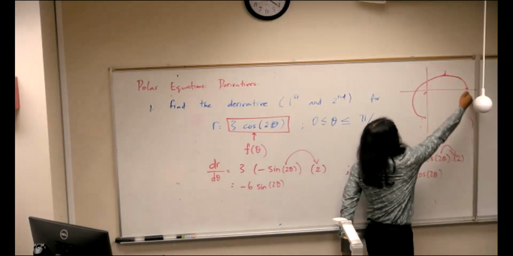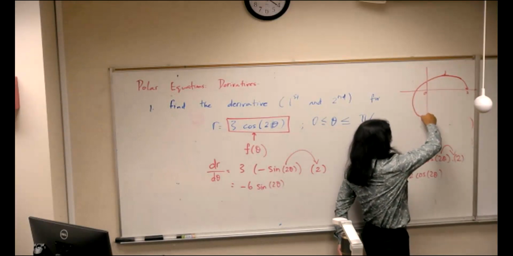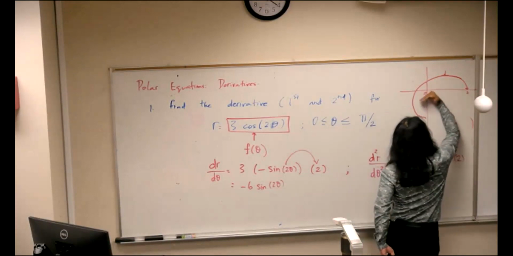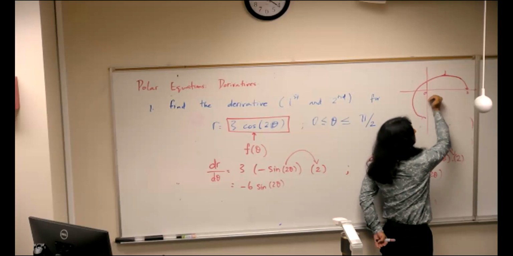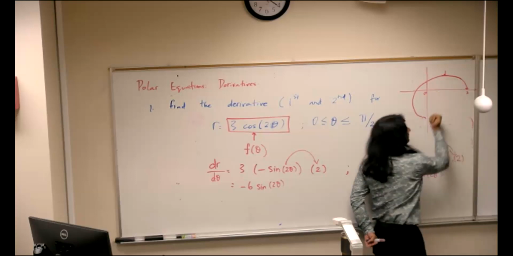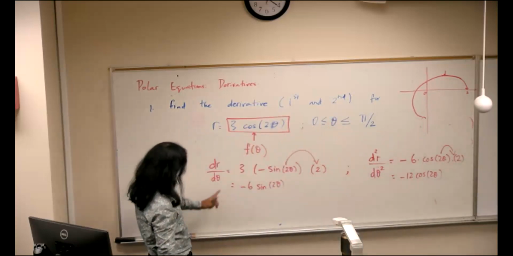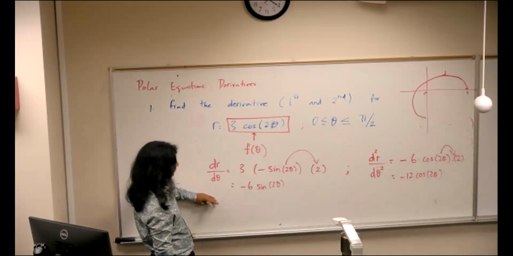So as you make that turn and get closer to the axis, the radius is not the same as it traces. Do we agree? At what rate is the radius changing as you go from starting point to ending point? That is given by dr over d theta.